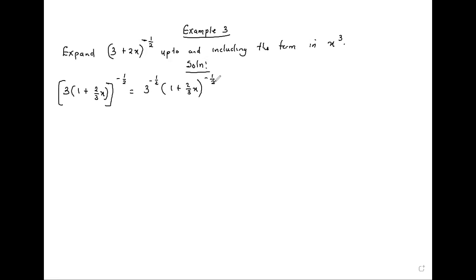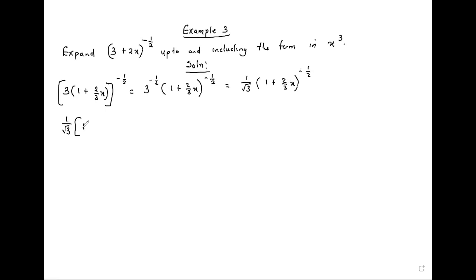But this can be written as 1 over √3 if you so wish, 1 plus 2 over 3x. So the expansion keeps this outside, and the power is still -half there.